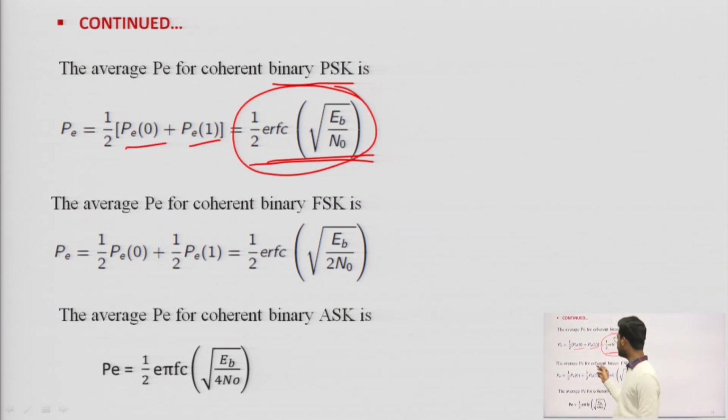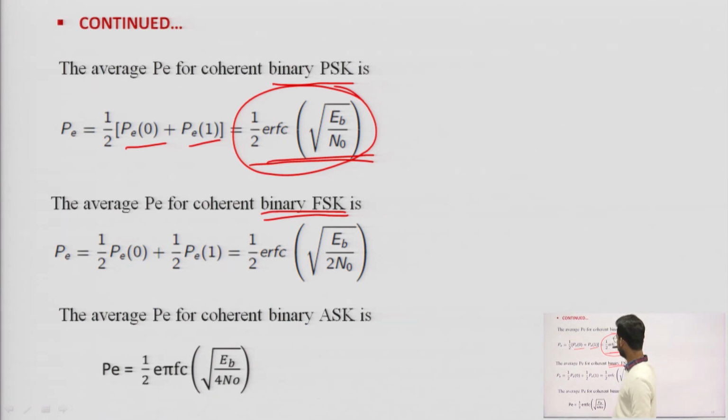Now the average probability of error for binary FSK, which we have already calculated, is half erfc of root Eb by 2 N0. Similarly, the average probability of error for coherent binary ASK is half erfc of root Eb by 4 N0.